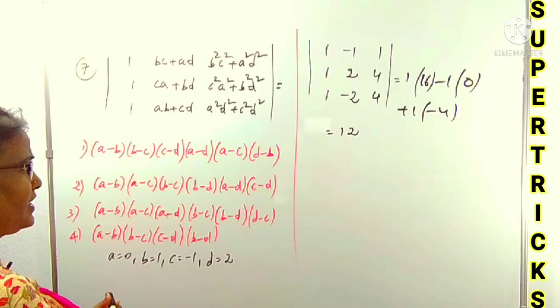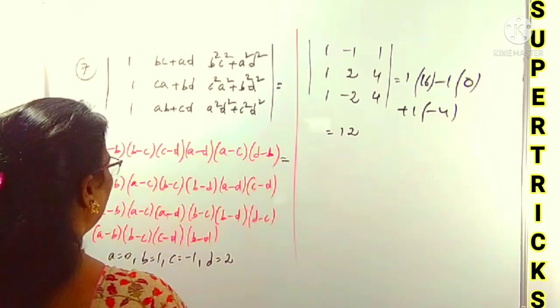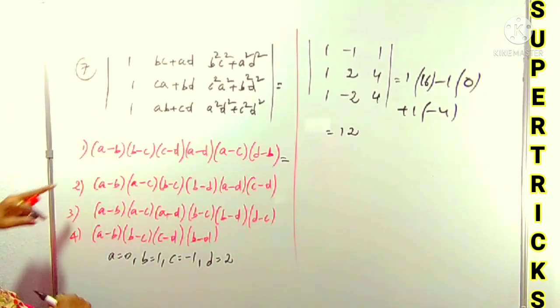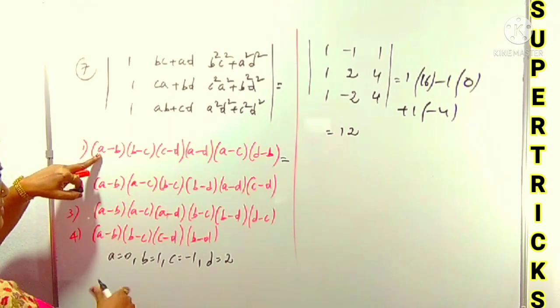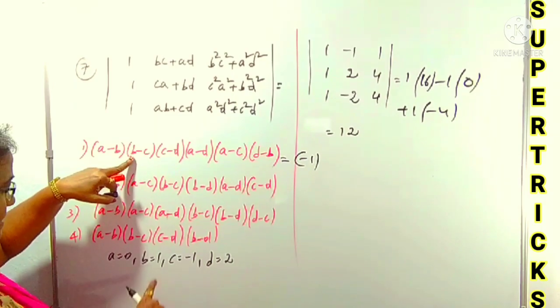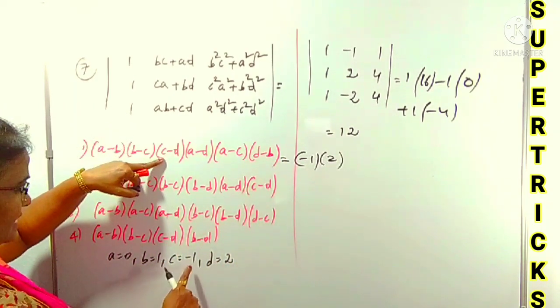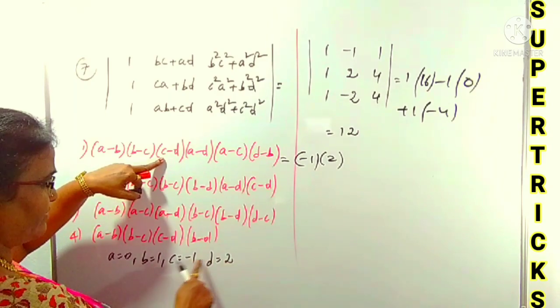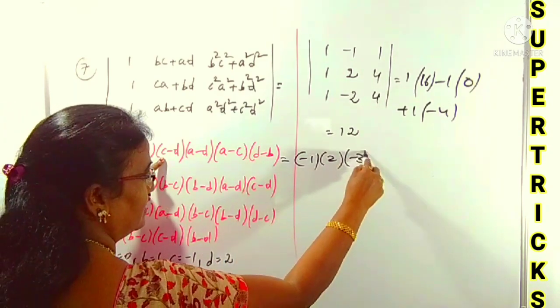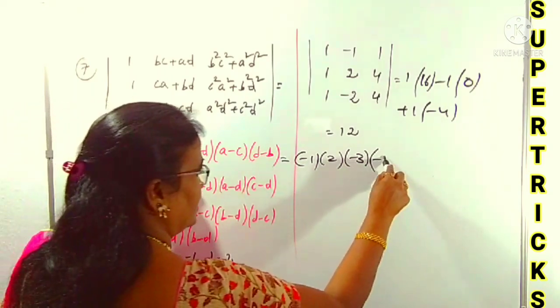Now we can concentrate on the options. You can think about the first option first. A minus B, 0 minus 1 is minus 1. B minus C, 1 plus 1 is 2. C minus D, minus 1 minus 2 is minus 3. Into A minus D, 0 minus 2 is minus 2.